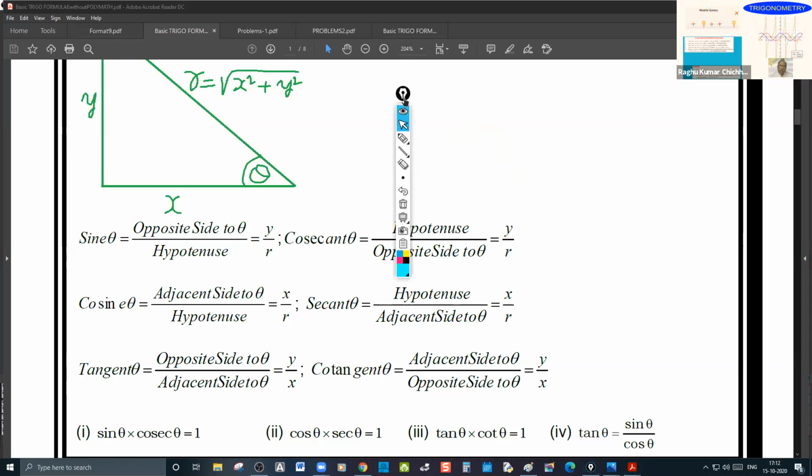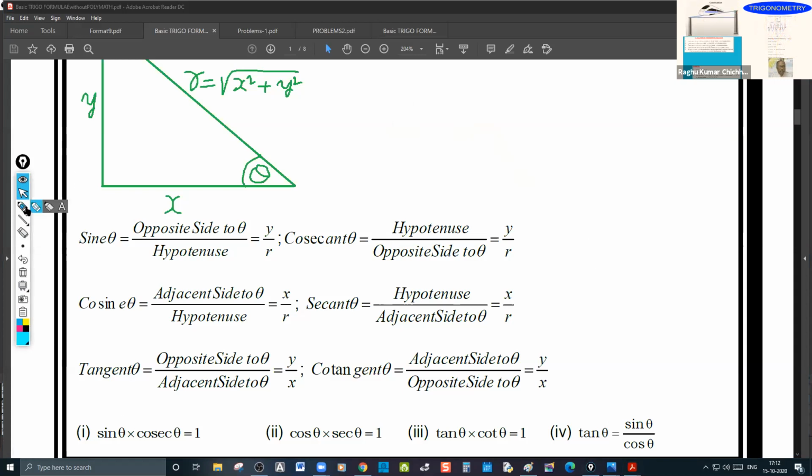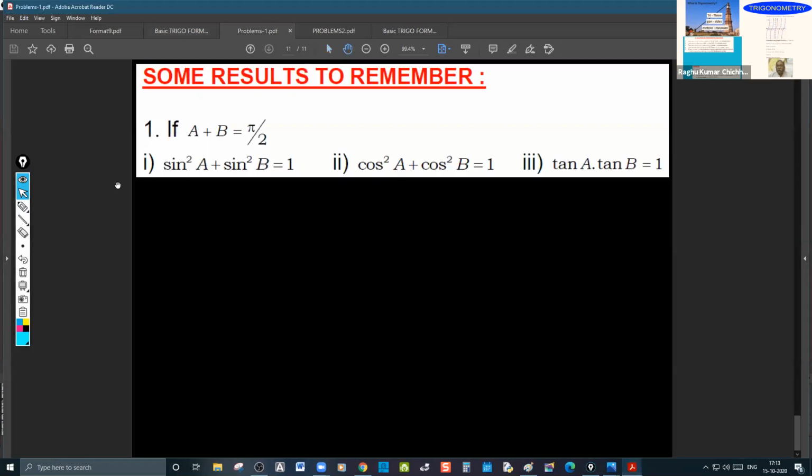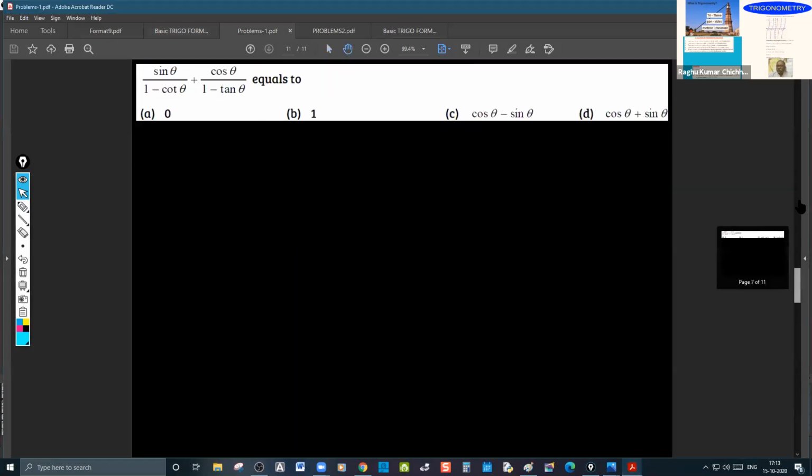Whenever a value related to sine and cosecant is given as a question, let me show you that. See, if you take a question on this one, how it goes.